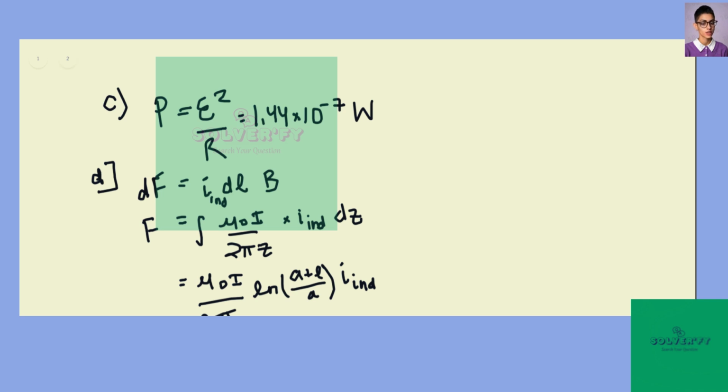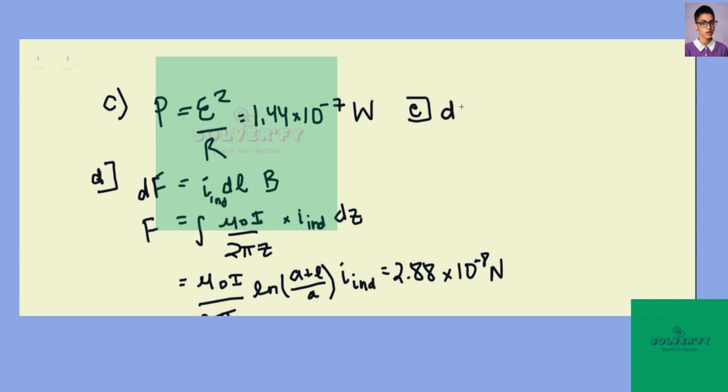Oops, okay, times 100, times 0.4. Okay, so with that, I get 2.88 times 10 to the minus 8 newtons.